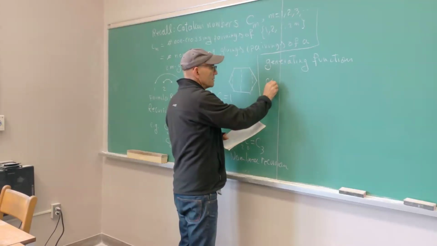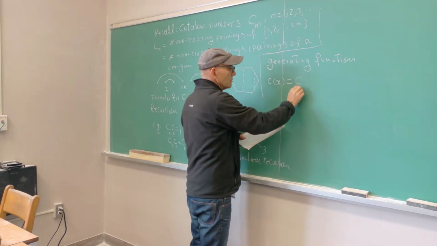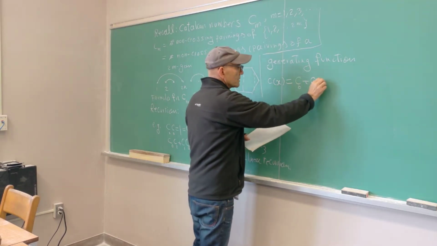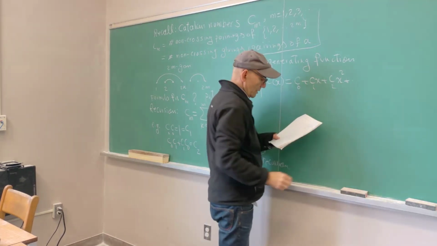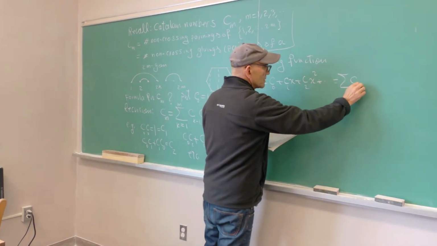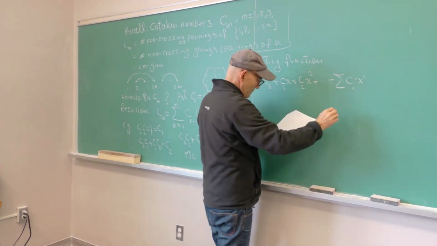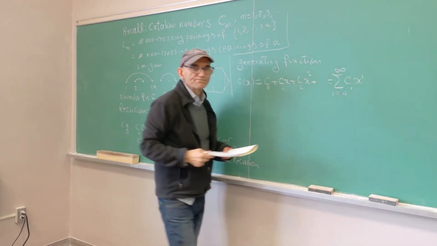C of x equal to C_0 plus C_1 x plus C_2 x^2 and so on. I can just write it as the sum of C_i x^i, i from 0 up to infinity.